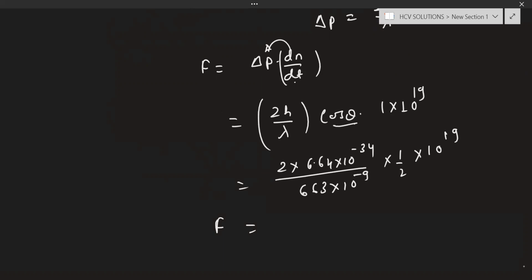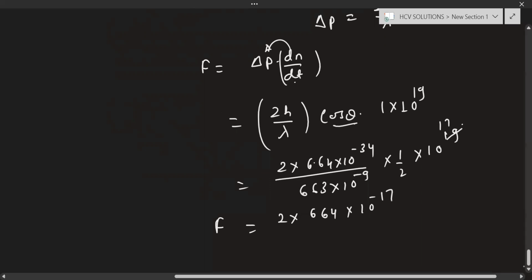If you make this 664, it will take 10 to the power 2 from here, so it will be 10 to the power 17. So you can write 2 into 664, and that 17 will be subtracted, giving 10 to the power minus 17.